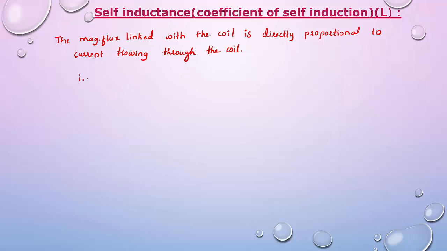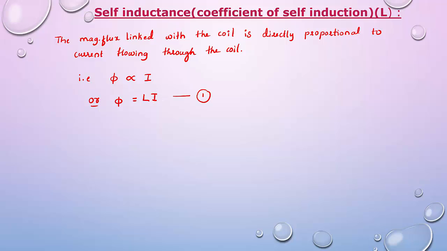Or in terms of an equation, we can write that magnetic flux, generally denoted by phi, is directly proportional to the electric current flowing through the coil, that is I. Phi is directly proportional to I, or we can write phi equal to a proportionality constant, denoted by L, into I. So what is L here?